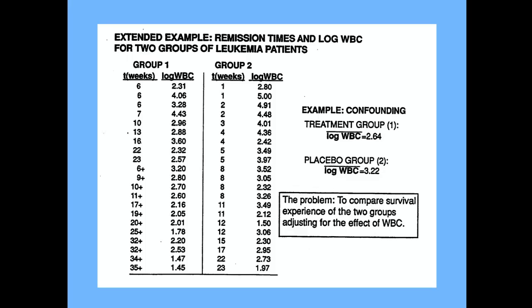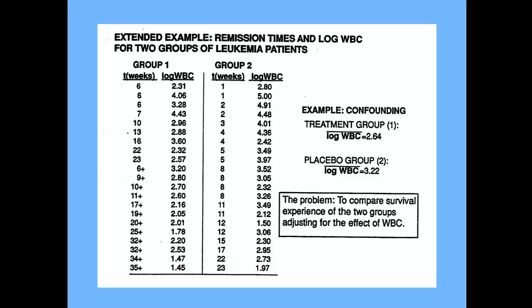Why did I add log white blood cell count? Because log white blood cell count is a known risk factor for leukemia outcome. So if the white blood cell count is high, that's bad, right? In this case, people have decided log white blood cell count is a better measure of that.